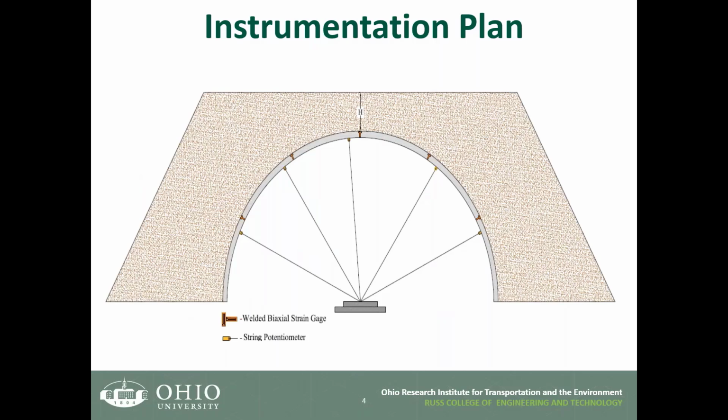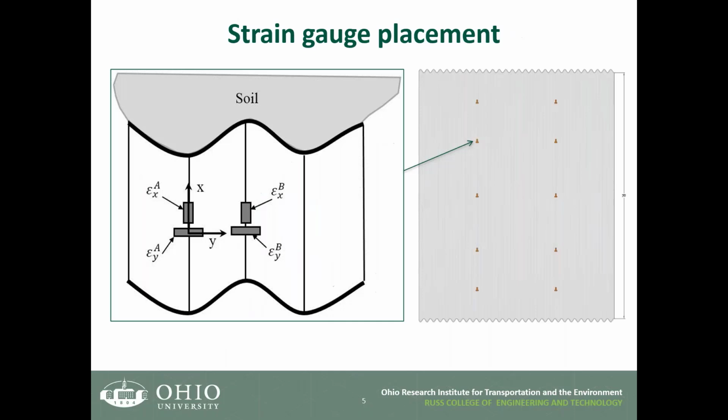What we generally do is measure the deflection of the pipe using an LVDT or potentiometer. Next one, Kevin. And then we put strain gauges to look at the bending and the thrust.